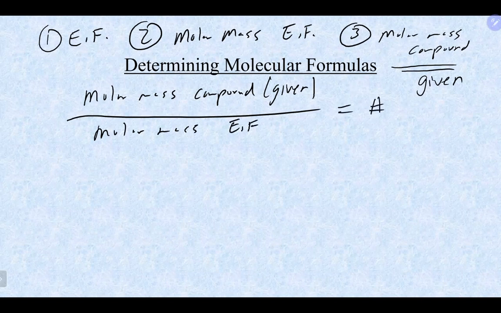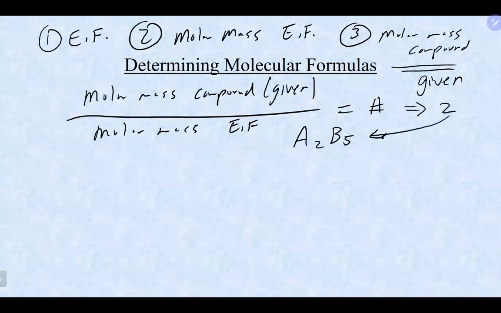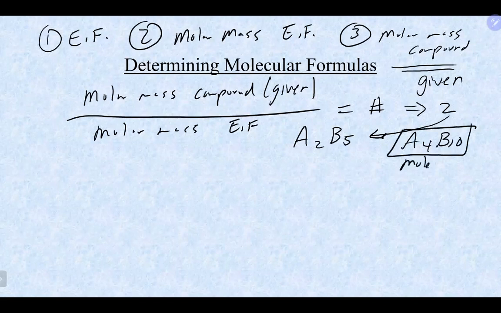Let's say that number was 2. You would multiply your empirical formula by 2, and that would give you A4B10 in this example, and that would become your molecular formula.